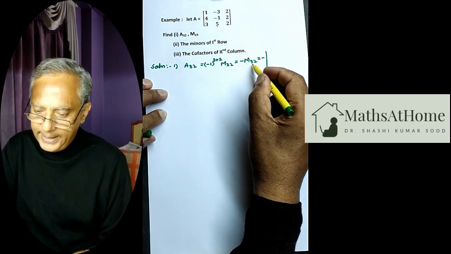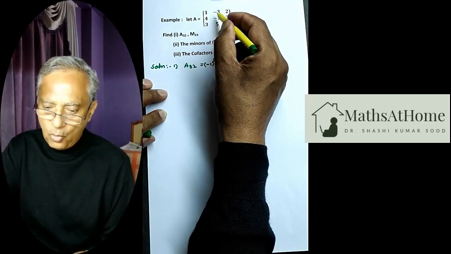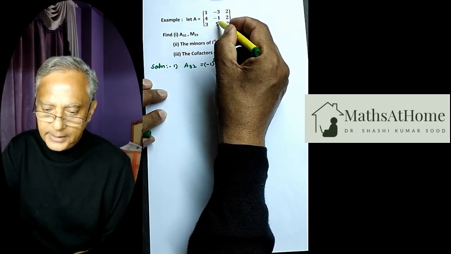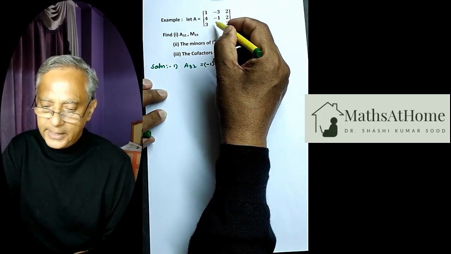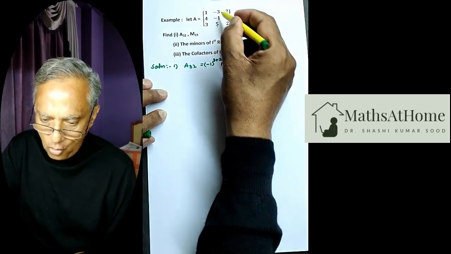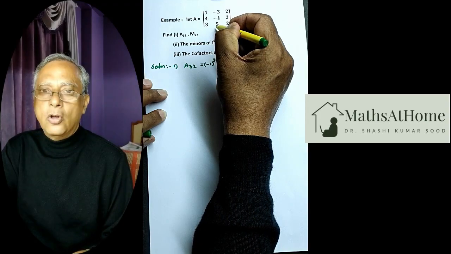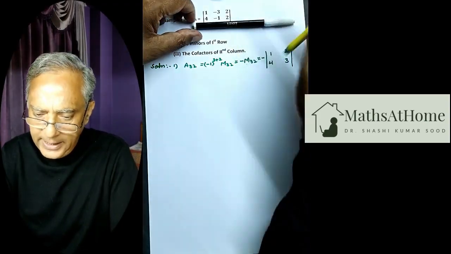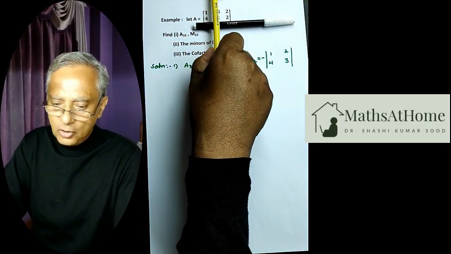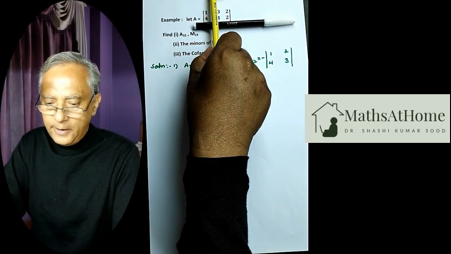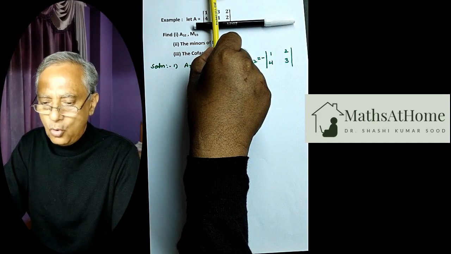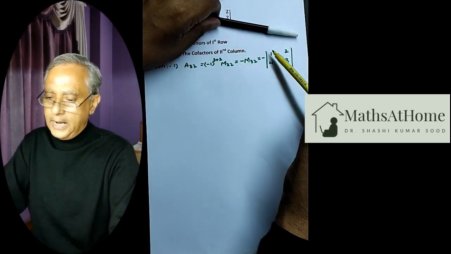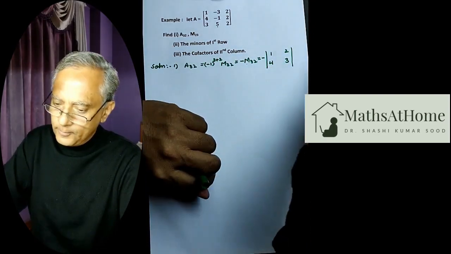Now to find M3, 2 we delete the row and column in which this entry occurs. That is, the third row and the second column will be deleted. So we will get 1, 2, 4, 2.